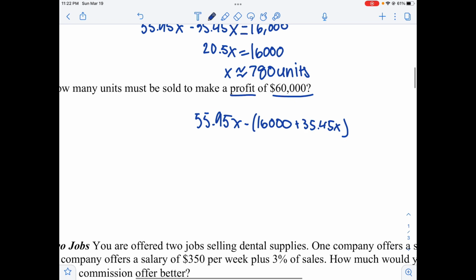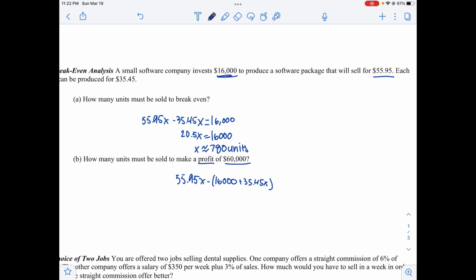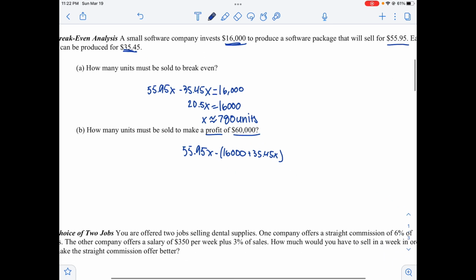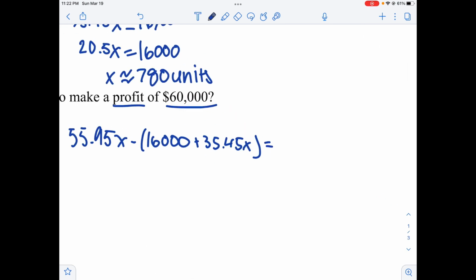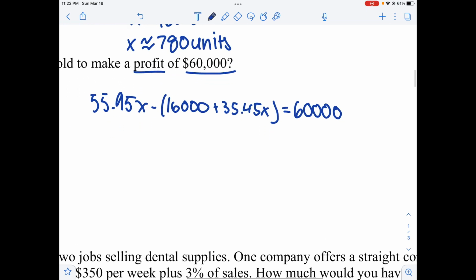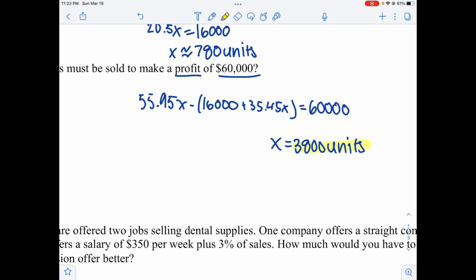We get this from taking into account the $16,000 we invested plus the $35.45 we need to produce each unit. We set it all equal to 6,000. After we simplify and solve, x is equal to 3,800 units. And so that's how many units we need to make the profit.